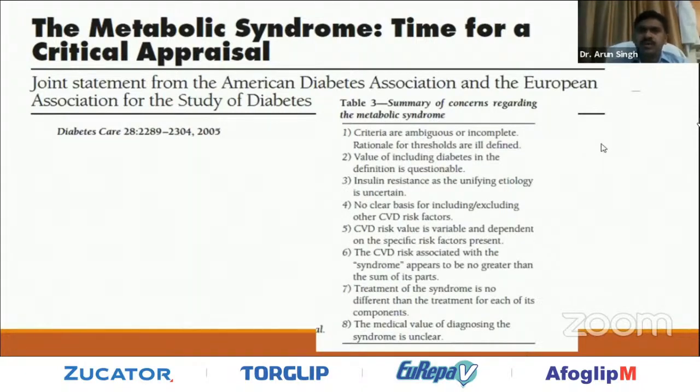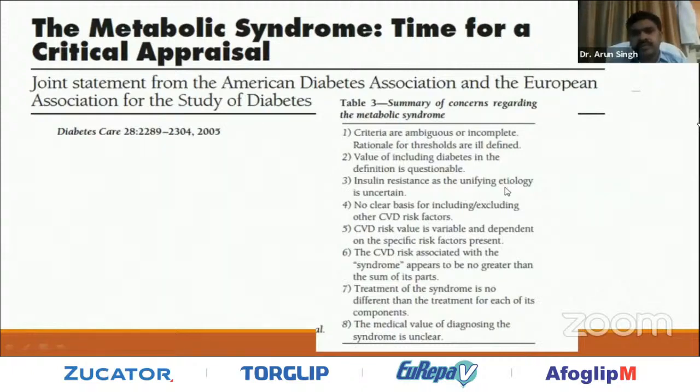So there is no uniformity in the definition. Even in many definitions, people with frank diabetes are also included. Ideally, metabolic syndrome is a risk marker which identifies people at higher risk of developing diabetes, hypertension, and CVD, but many definitions include people with overt type 2 diabetes.